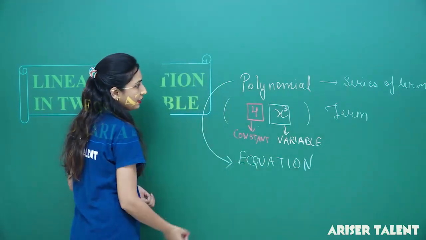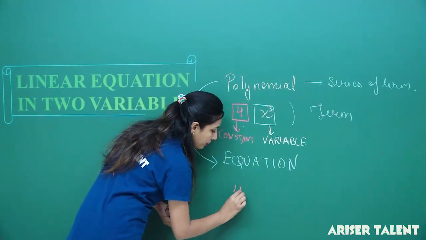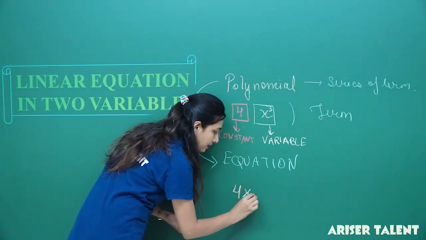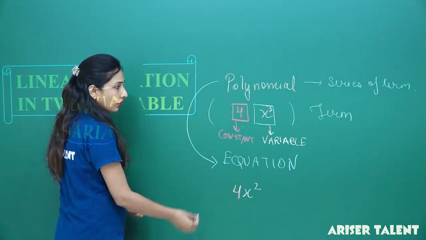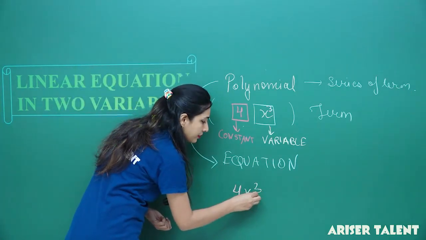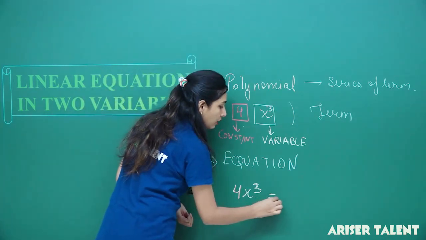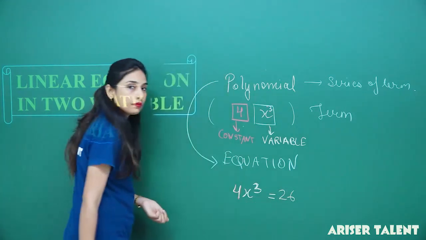Now, if I talk about this 4x square, okay, it's cube. So, let's suppose 4x cube equals 26.